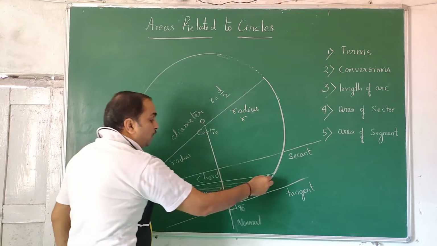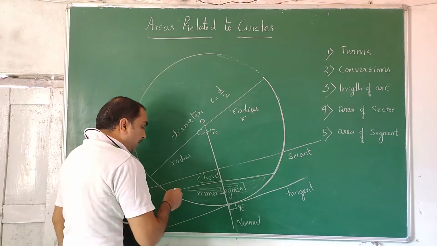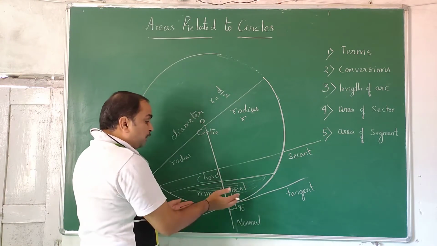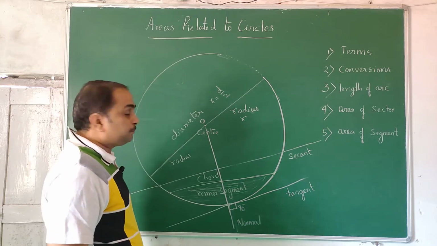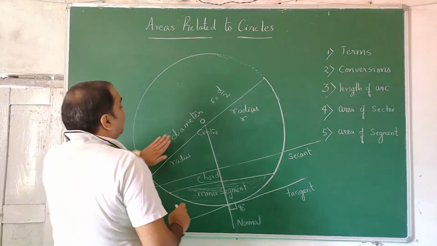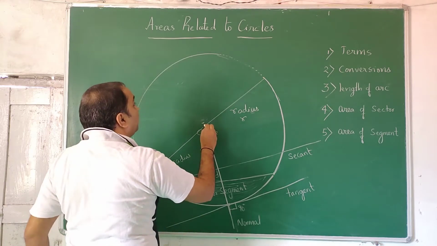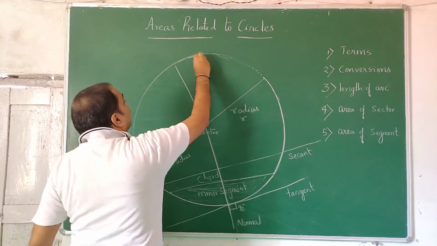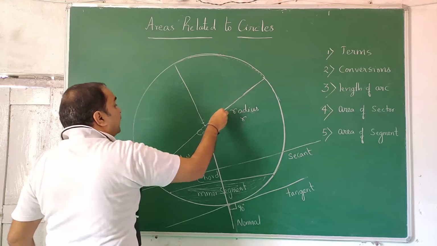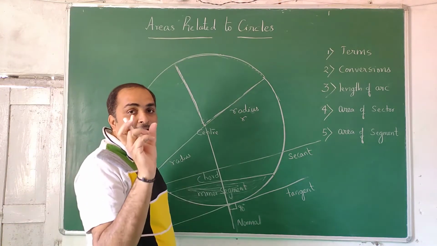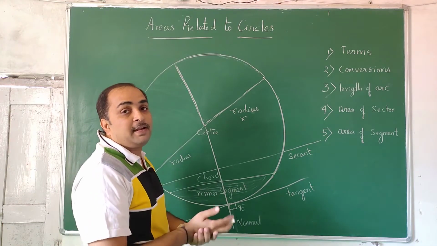Next, the chord whatever we have drawn, it spans some area. The bigger area is called major segment. The smaller portion of area is called minor segment. Now, as you understood these terms, I take a small portion, like when we are eating a pizza, we purchase a pizza and we take a small portion of pizza, 6 pieces they make, 8 pieces they make.